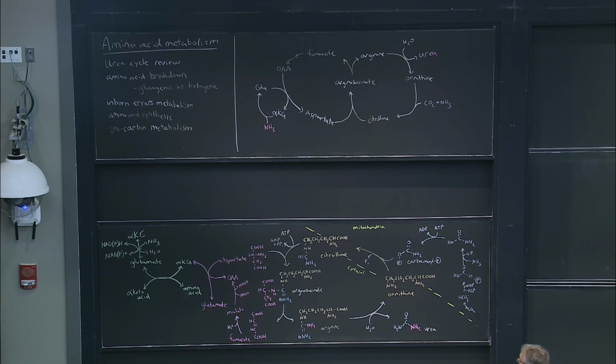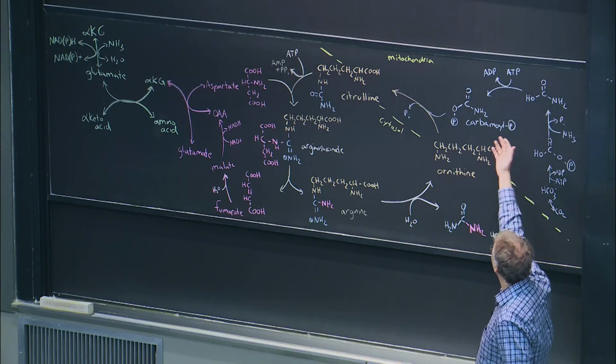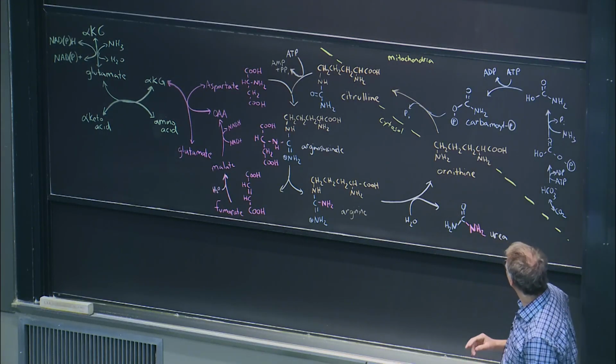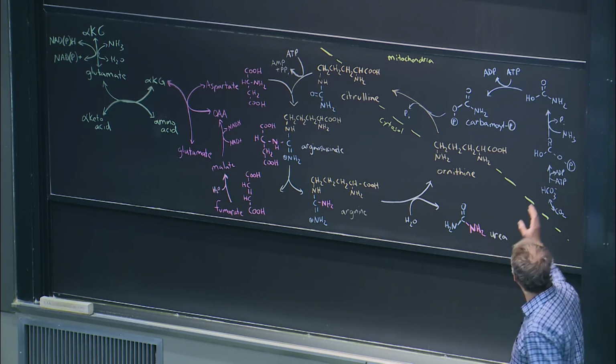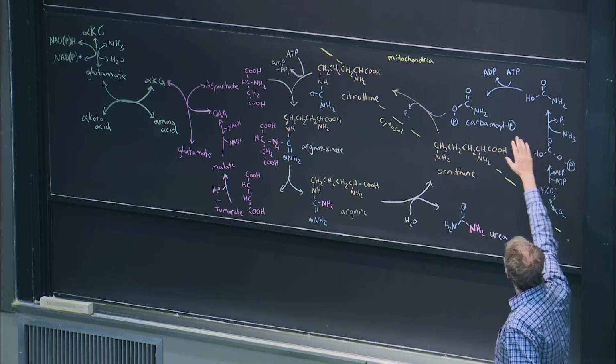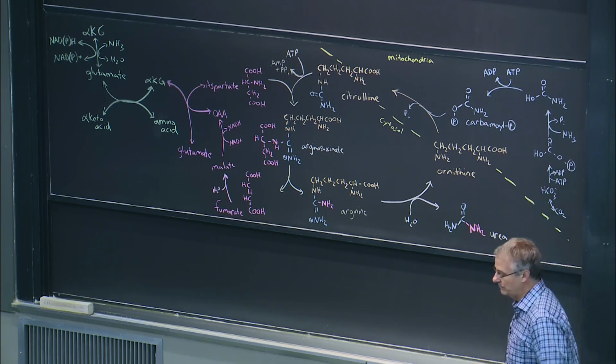And so remember, if we start from the amino acid arginine, arginine can be converted into the non-proteinogenic amino acid ornithine, and in the process release urea. That ornithine can then, in the mitochondria, be converted to citrulline, another non-proteinogenic amino acid, by picking up a carbon and a nitrogen from this molecule, carboxyl phosphate, which is generated from CO2/bicarbonate, as well as ammonia and two phosphorylations with ATP.